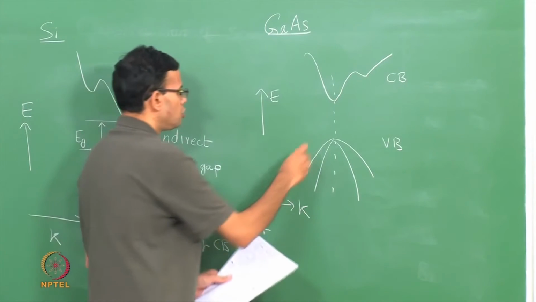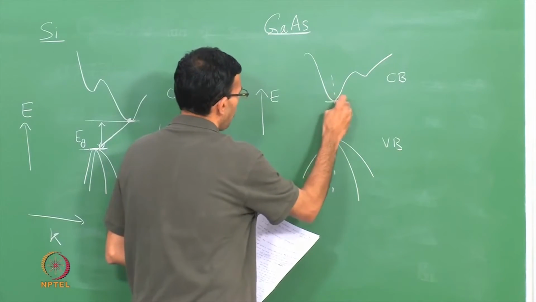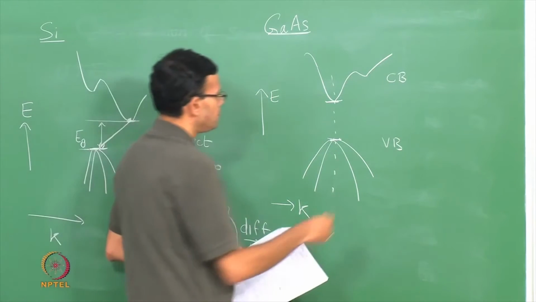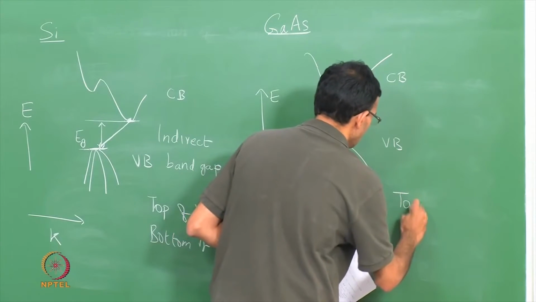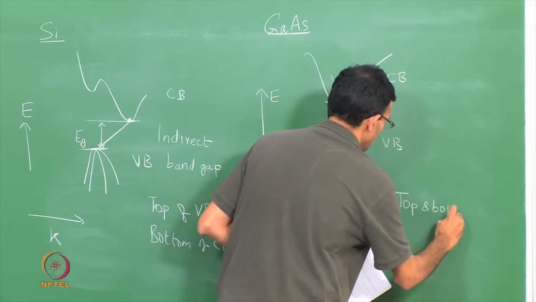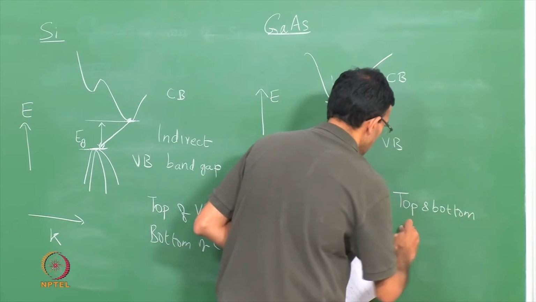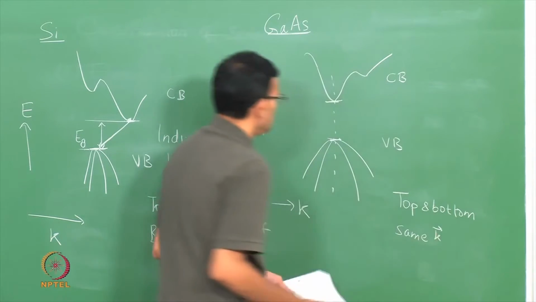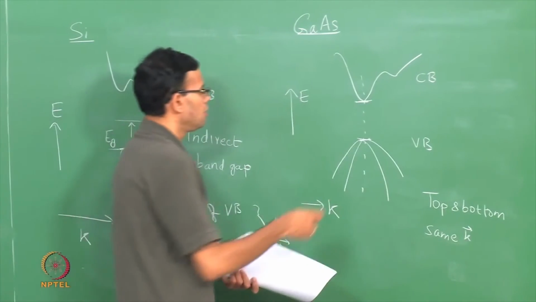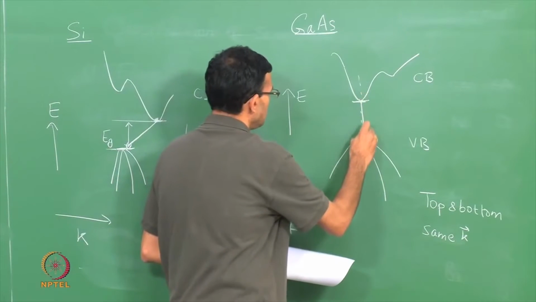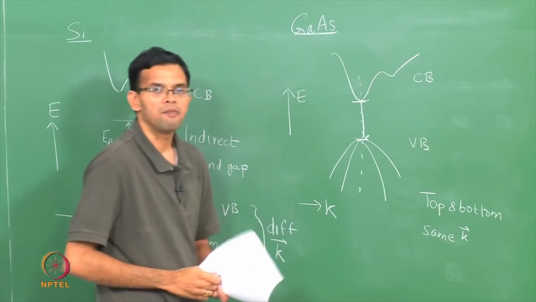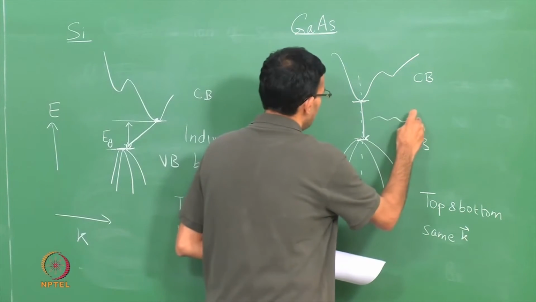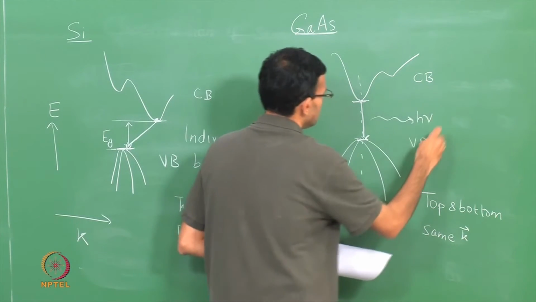Here the top of the valence band and the bottom of the conduction band have the same value of k. So, any transition from the conduction band to the valence band can be accompanied by release of energy as a photon, and this makes it a direct band gap semiconductor.